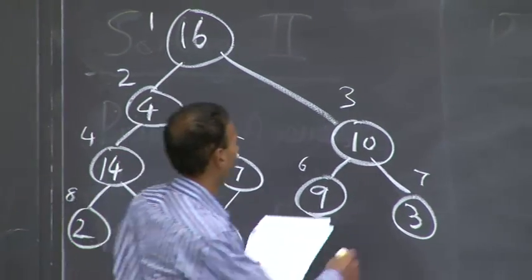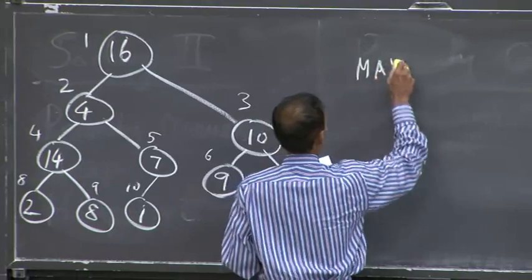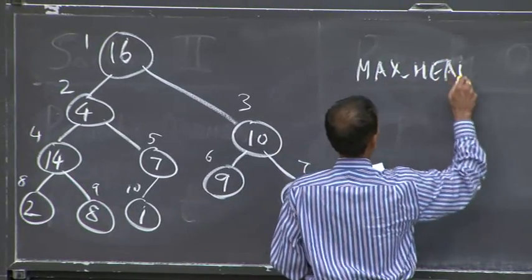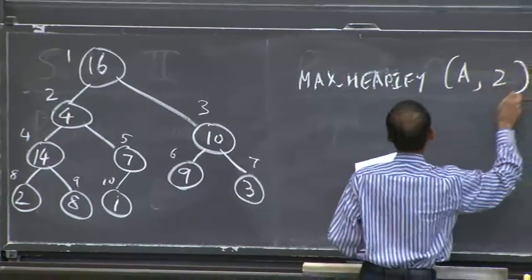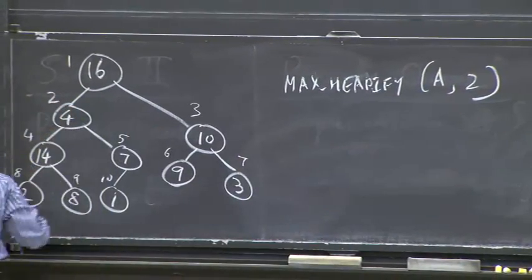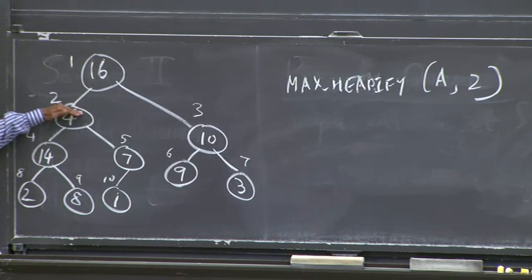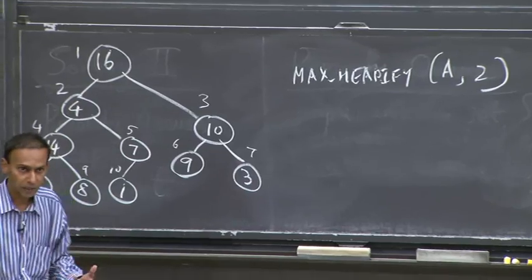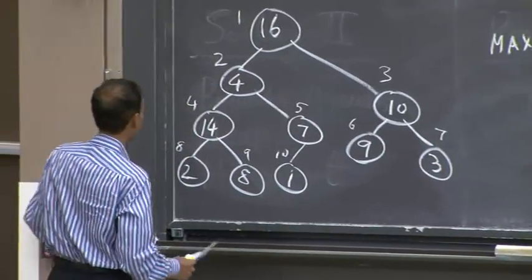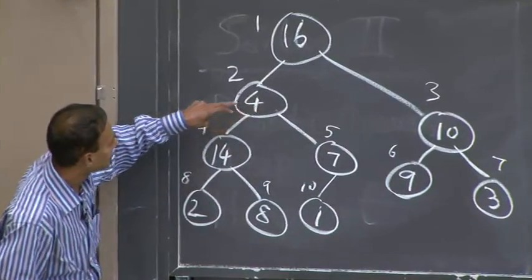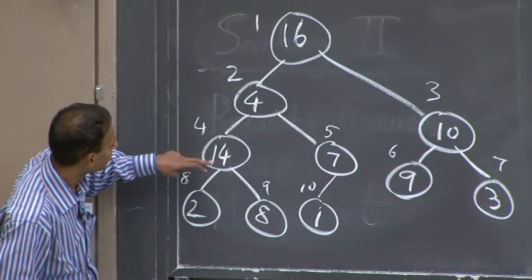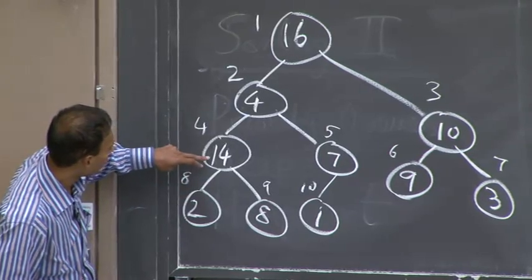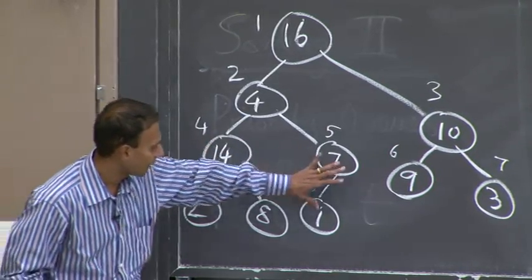And so if you look at the call, max heapify A, 2, this is index 2, and all you have to do is look at this subtree. What you need to be satisfied in order to run max heapify is that the subtrees of node index 2, which is this 4 node, are max heaps. And if you look below, you see that this is a max heap and that's a max heap.